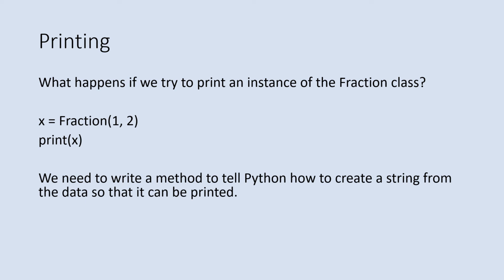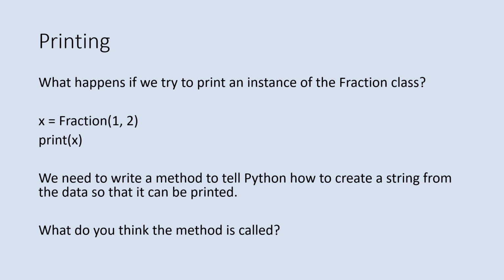And so we need a method that will tell Python how to create a string from the data so that it can be printed. Since we're going to be telling Python what to do when the user uses the print function, our method is going to, again, be a dunder method. We want to write this method to tell Python how to create a string from our data.